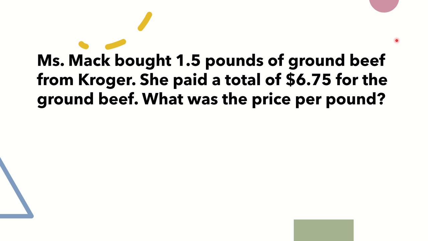What is the price per pound? So first of all, I'm going to box in my important numbers. Let's do that first. So of course, I need to know, box in 1.5 and $6.75. Now I'm going to go through and just circle some keywords that might help me determine what my operation is.